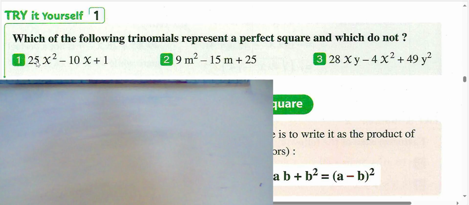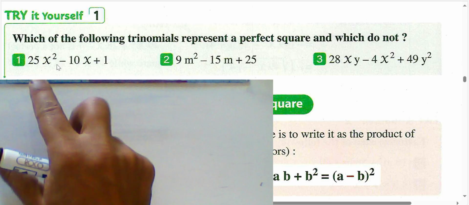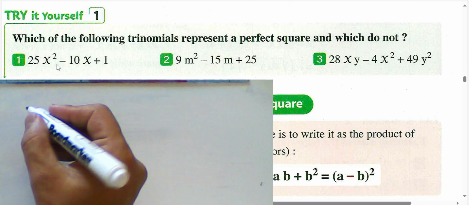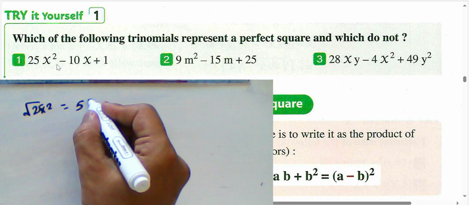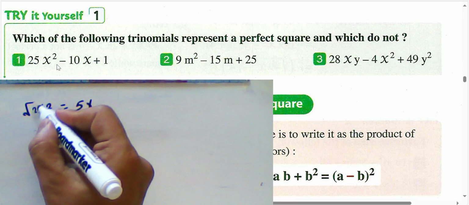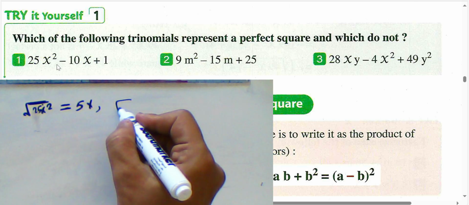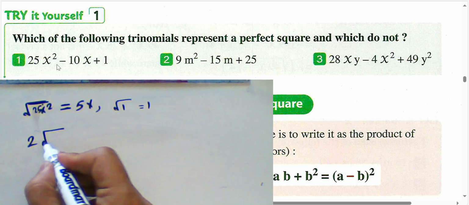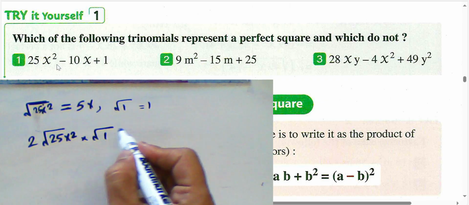First question. Of course the first thing, students, we find the square root of the first and the third.